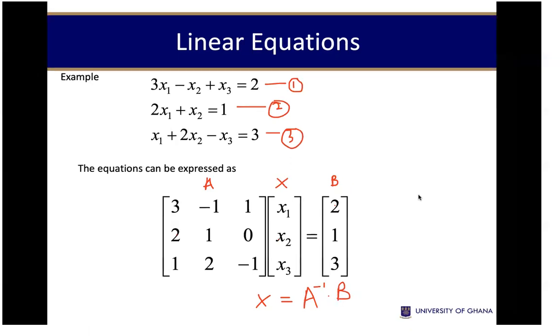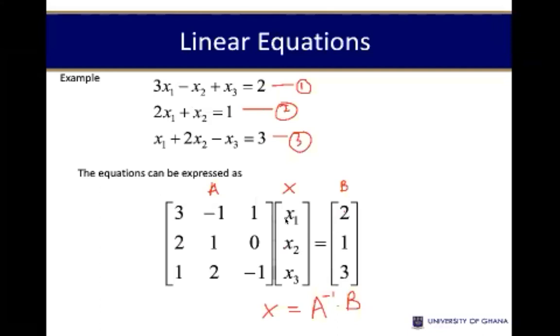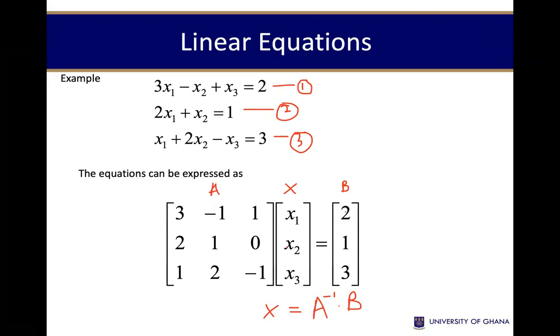So what do we want to do? We just want to find the inverse of matrix A and then multiply it by matrix B. So I can easily pick matrix A, which has the number 1.